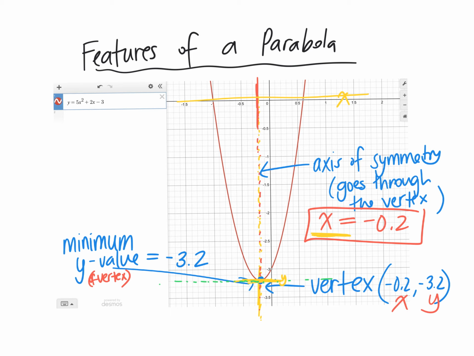What other parts of the parabola can we identify? It was on your quiz. We can look for x-intercepts. Is it passing through the x-axis anywhere? Here and here. You're just looking for the coordinates of when it hits the x-axis, and these are decimals, so I'm just going to look at decimals.